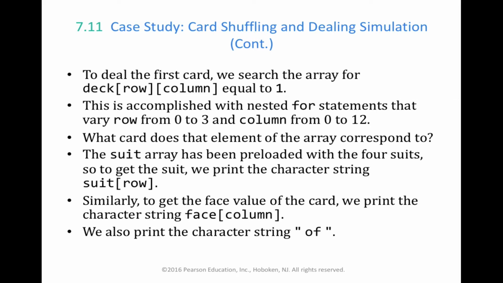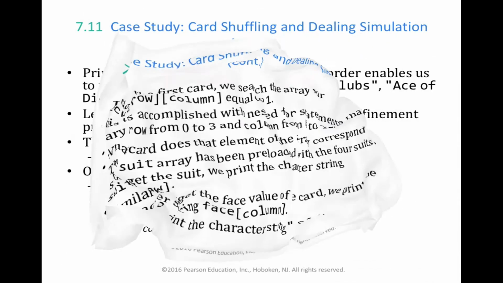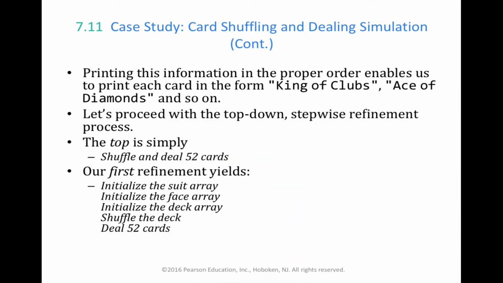Well, the array suit has been preloaded with the 4 suits, so we can use suit[row], and similarly, to get the face value of each column, we can print the character string face[column]. Then we can also print the string "of". This is a program that we're going to look at. Printing this information in the proper order enables us to print cards in the form of king of clubs, ace of diamonds, and so on and so forth.